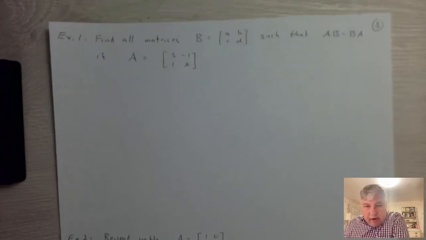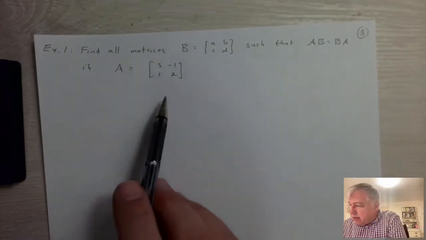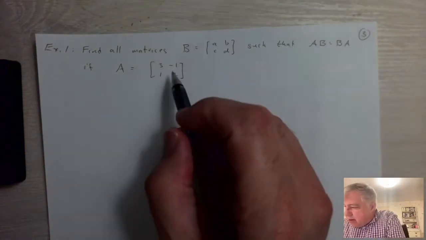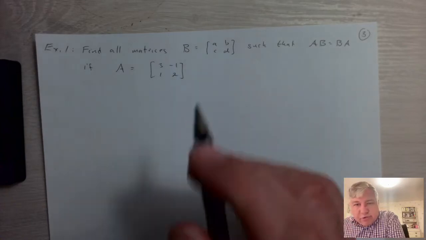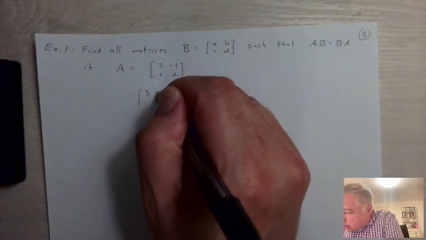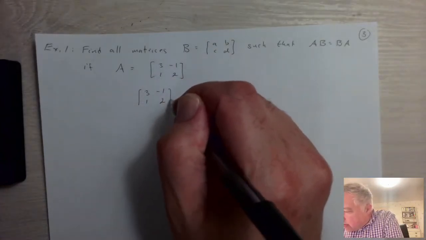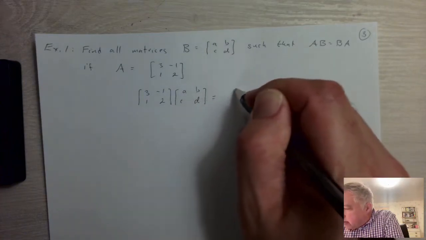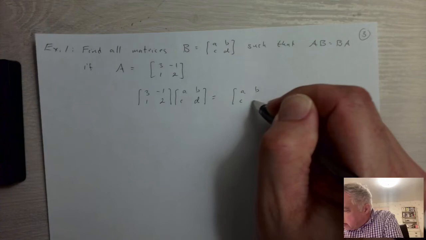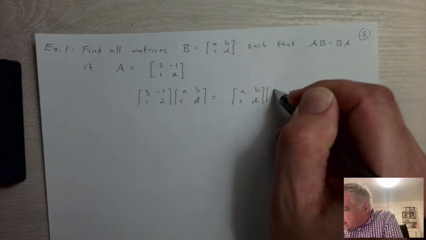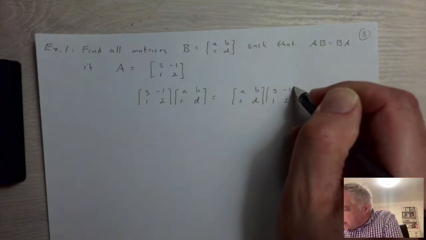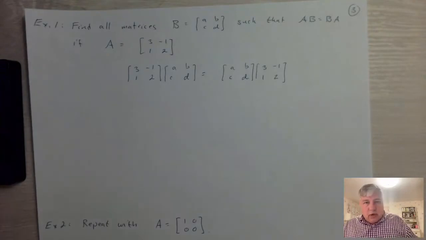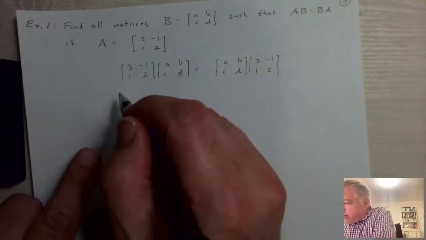If we go up here to this first example, we try to do the same thing with 3, -1, 1, 2. Okay, and if we do the same thing, what do we get?